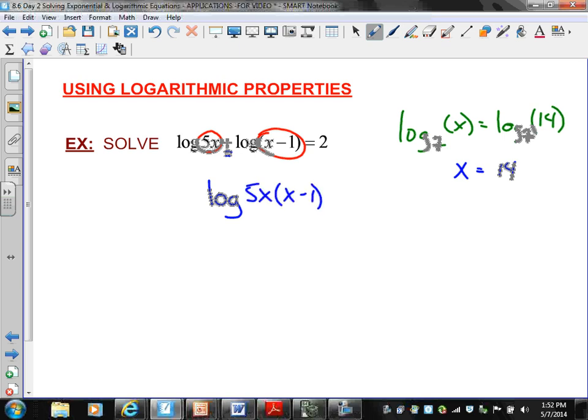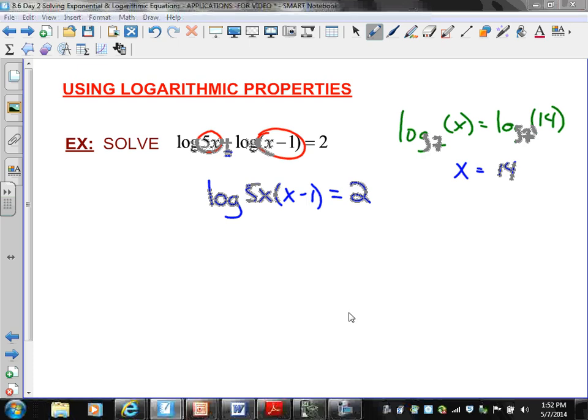So I can write this as the single log of 5x times x minus 1, all inside the logarithm, and that's equal to 2. That's really the new stuff right there. I'm going to finish up the problem, but it's that condensing that lets me do the rest.